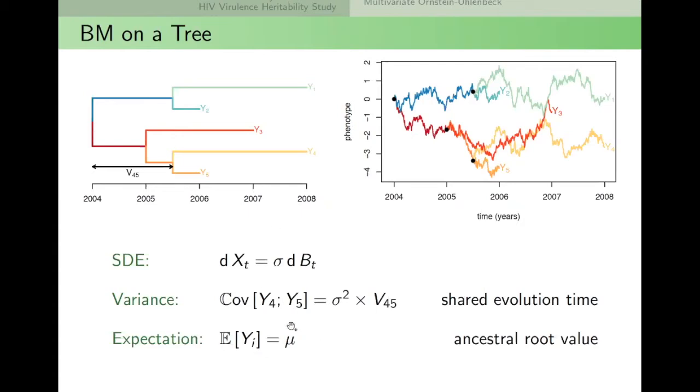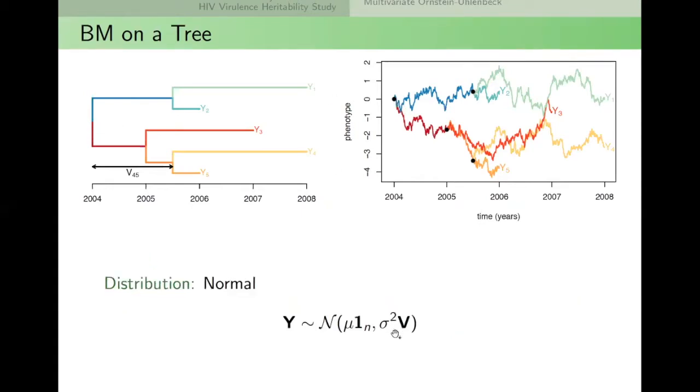If we have just simple Brownian motion, then the expectation doesn't change. It's just the ancestral value of the expectation at the root. So here it would be, for instance, 0. So you can express this as just a normal vector. y will be the vector of observations y1 to y5.